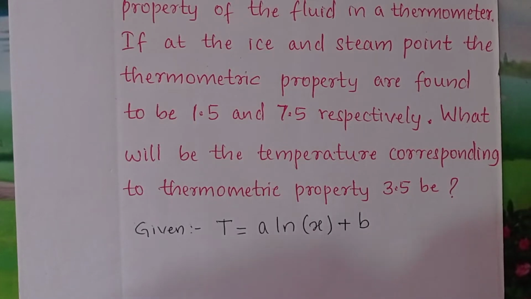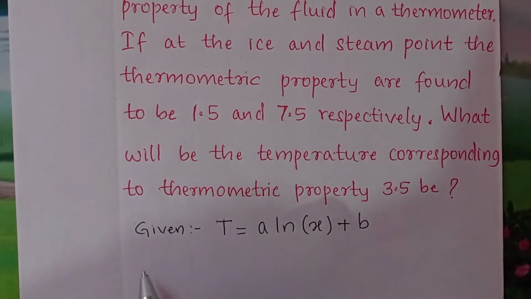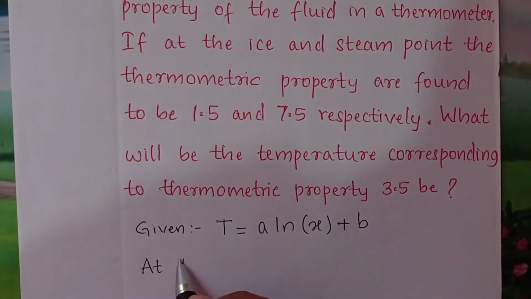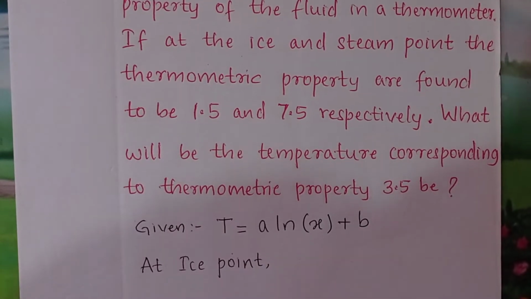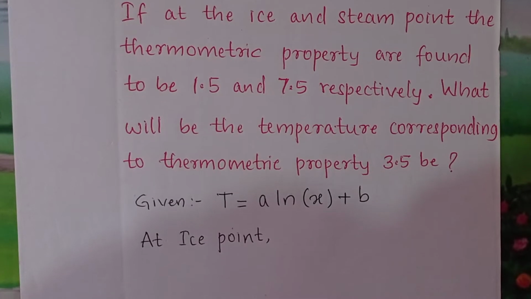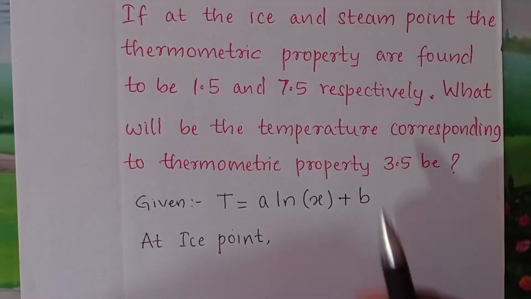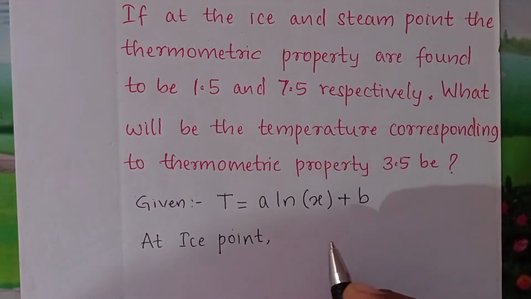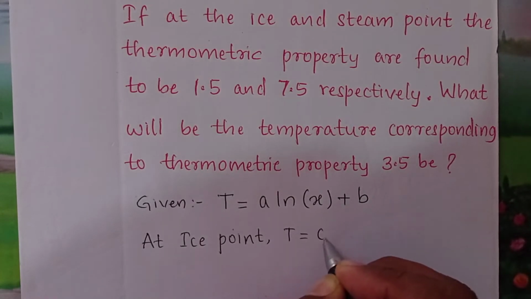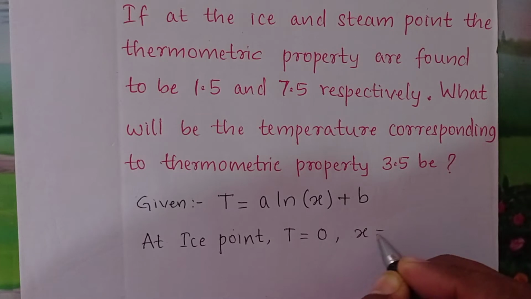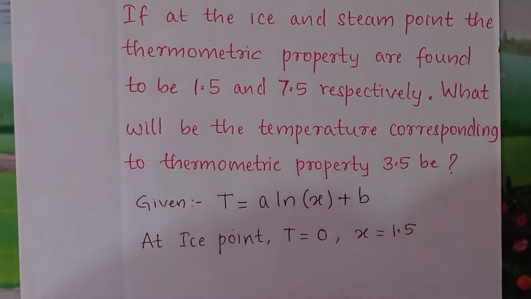So let us write the equation for the above two cases. At ice point, the value of x is given as 1.5, that is, when t is equal to 0, at ice point, x is 1.5.